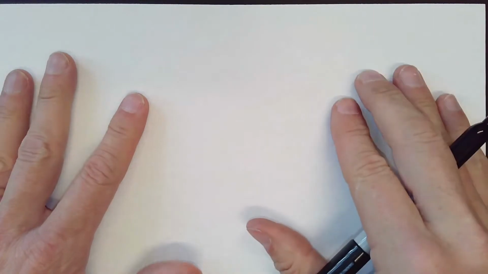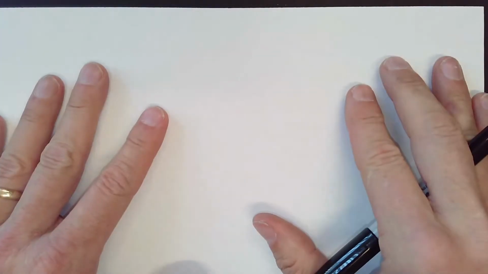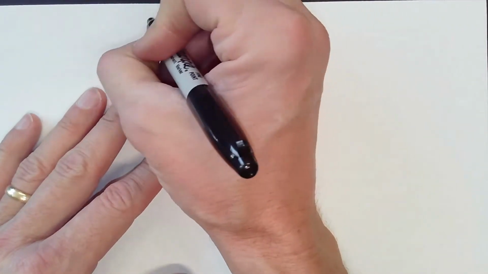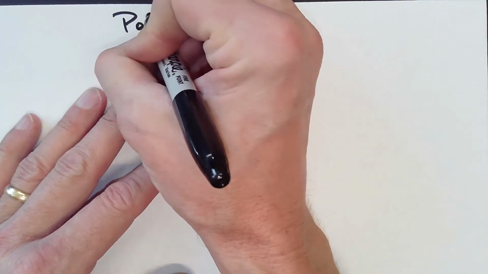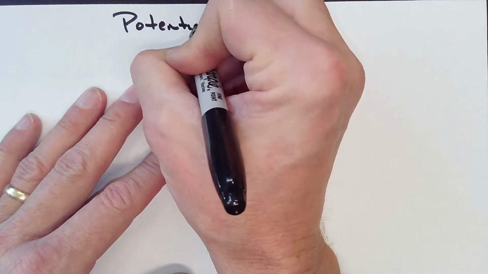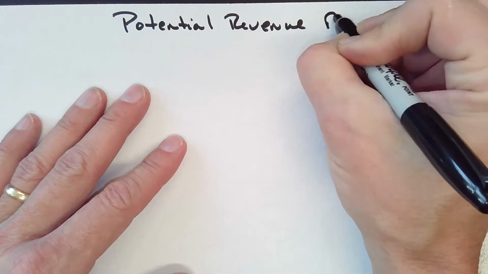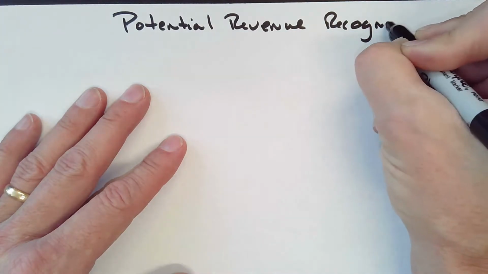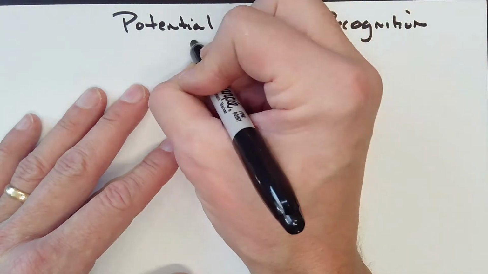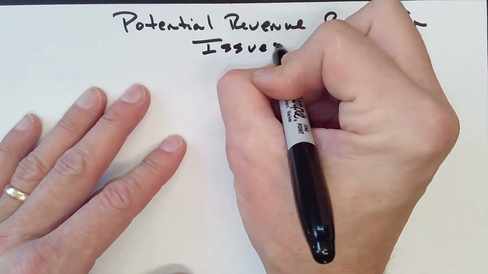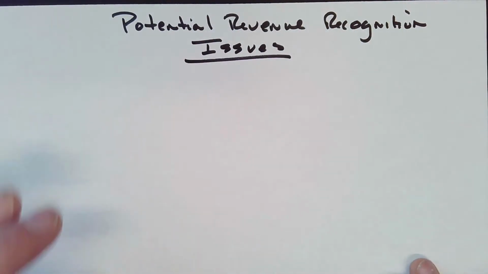So one of the items that comes up are kind of revenue issues, potential revenue recognition issues.